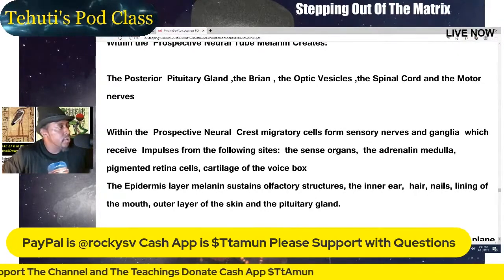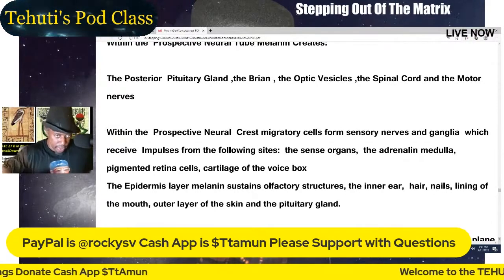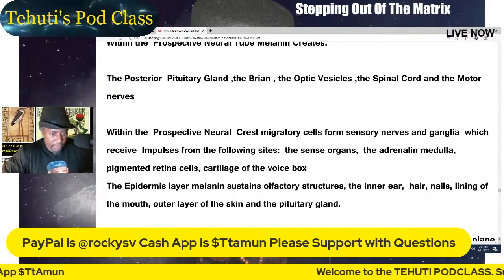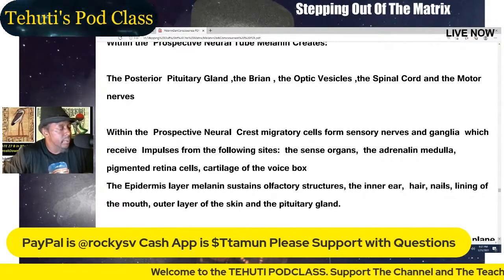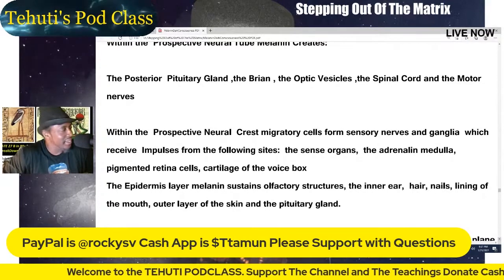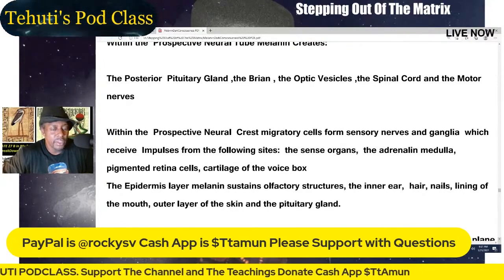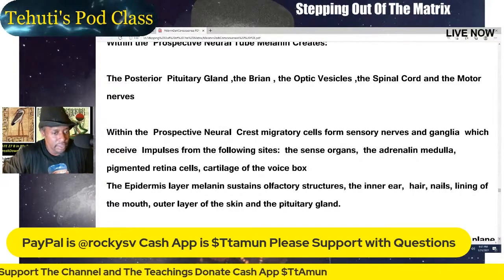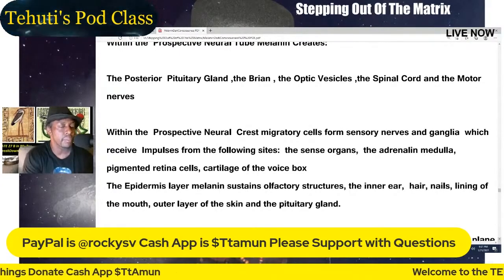Why is every group leaving out the part that the prospective neural crest and melanin creates the pituitary gland? So without melanin, you don't have a pituitary gland to have a third eye. So melanin is more important than the pituitary gland. It's what creates it. It's what creates your hair, nails. You remove the melanin.